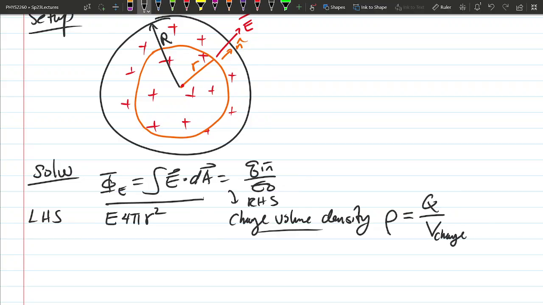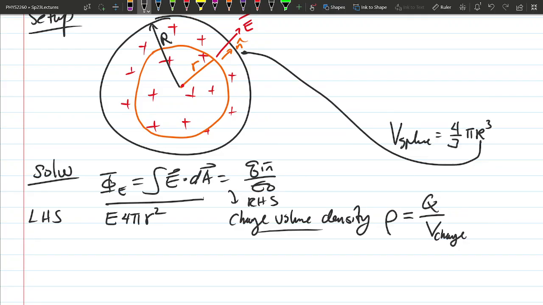Well, the volume of a sphere, anyone know that formula? 4/3 pi R to the third. Exactly. In this case, I'm using the letter big R because it's the volume of the charge, not the volume of the Gaussian surface, so you have to be careful with your different R's.